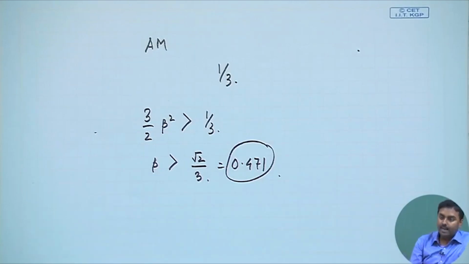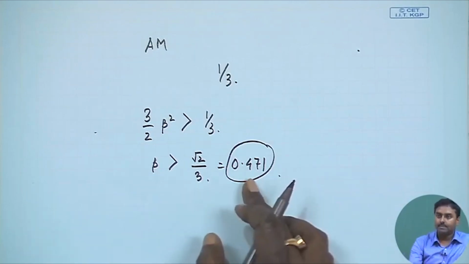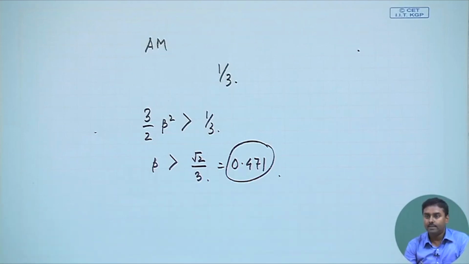So, any β which is greater than this will always give me benefit in terms of noise cancellation with respect to FM, and I can take any β value where this will be much bigger. So, basically I now have a controllable parameter which I can keep controlling to get better and better noise performance.